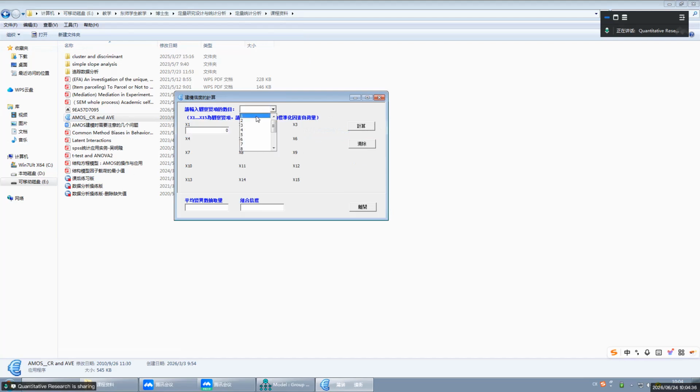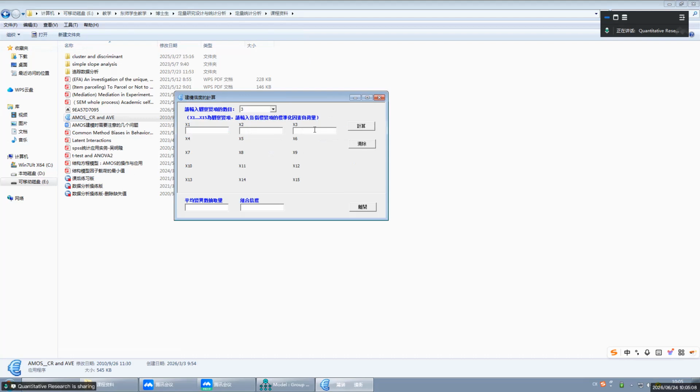So you can see 1, 2, 3, 4, 5, 6. It means the number of the indicators. For example, if I choose 3, then you can see 3 blanks in here. You need to input the factor loadings of the 3 indicators.